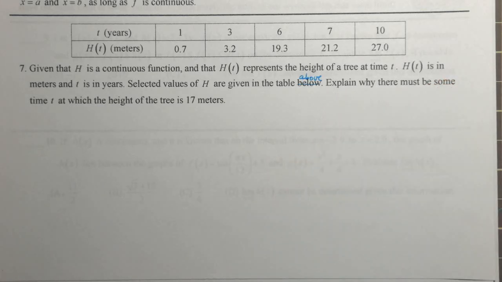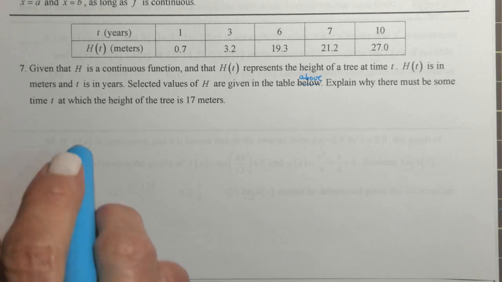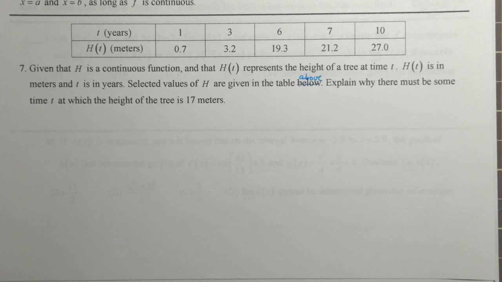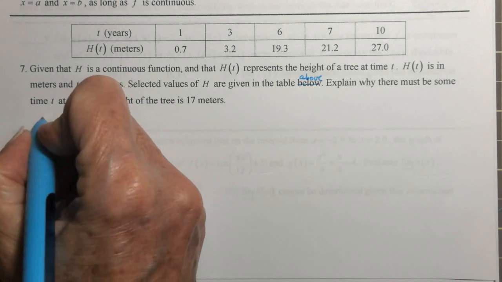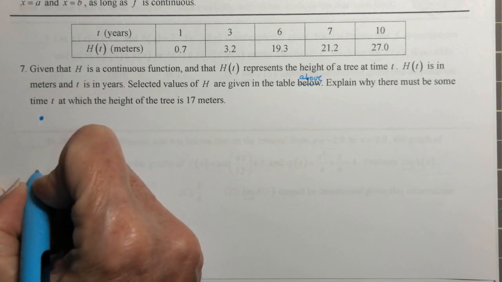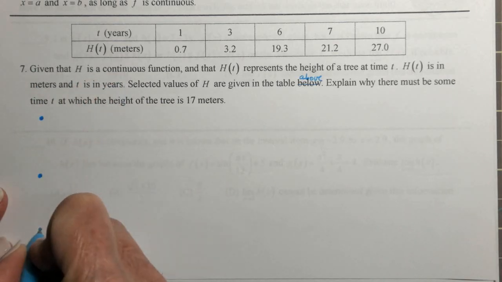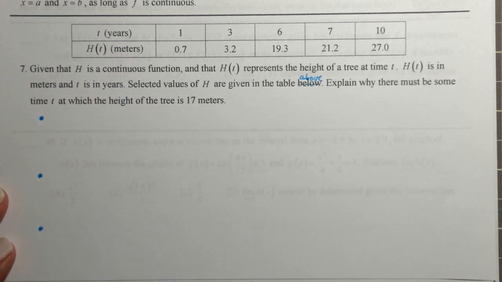Okay, so AP is very particular about how I need you to answer this. I need you to say 3 things, and I am going to note those 3 things with a bullet point. If you want to label them 1, 2, and 3, fine.